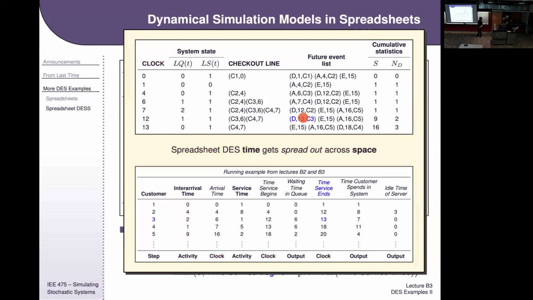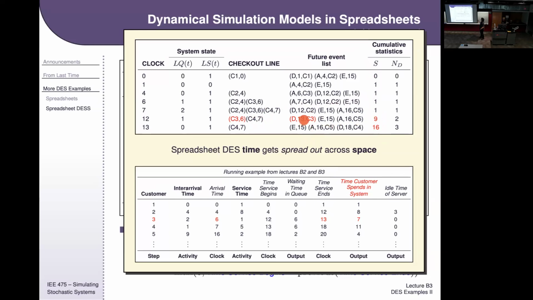So for example, let's say here, I want to know at what time did customer 3 depart? Well, here I see a departure event was generated, time 13. So customer 3 departed at 13. That's actually kind of easier to do in the spreadsheet. I go to customer 3, I go over, that's when they departed, 13. That matches. But if I want to look at these cumulative statistics, here we're saying that when customer 2 departed, customer 2 added 8 to this S column, which is the sum of the response times.